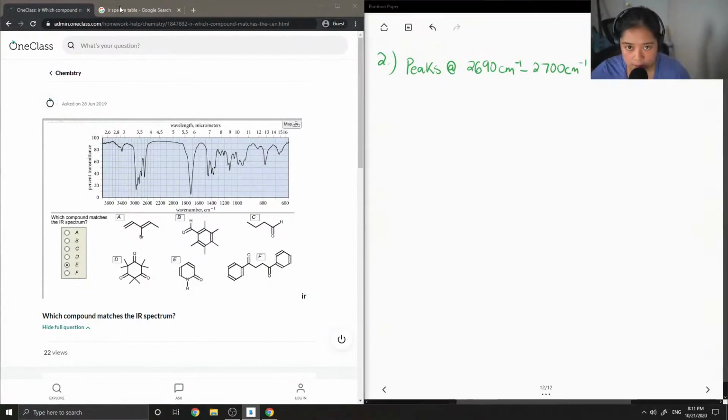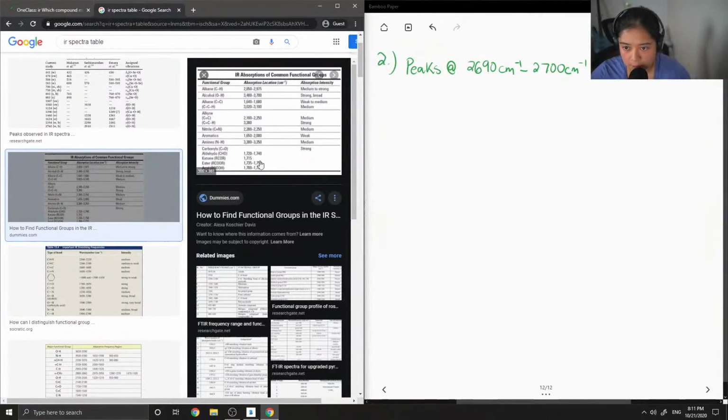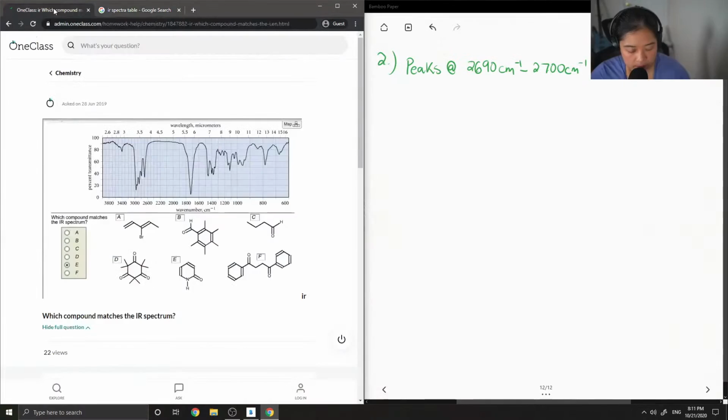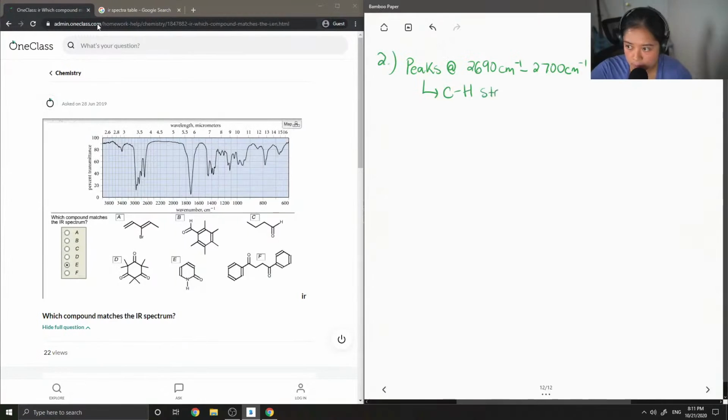So let's look at our IR spectra, and you'll see that this corresponds to alkane groups. And in particular, it's not in that table, but basically it's for sp2 CH stretches.